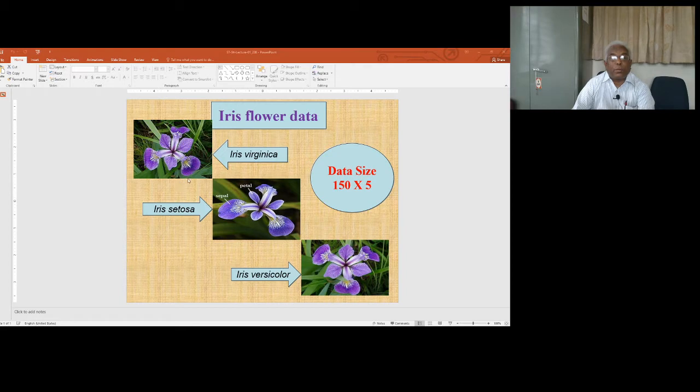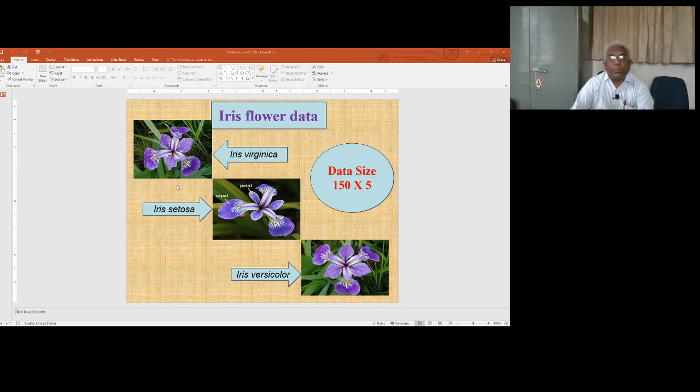Number four, petal width. And the fifth feature is species. So the species is either virginica, setosa or versicolor, with its sepal length, corresponding sepal width, corresponding petal length and corresponding petal width. So this is 5-dimensional data of 150 points.